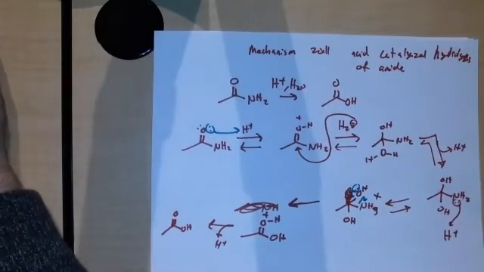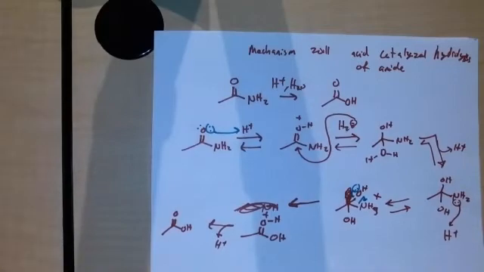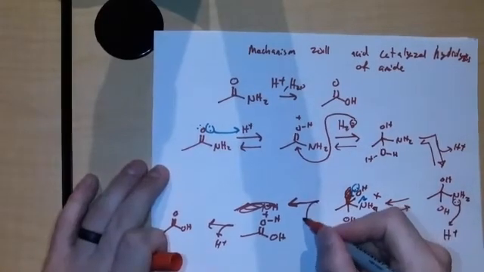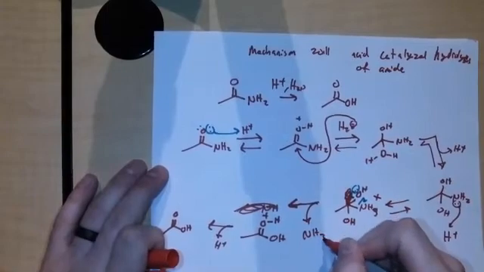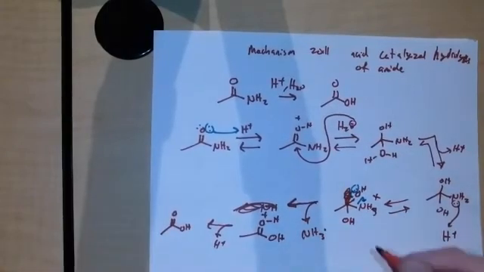Someone asked if you need to mention the H3O plus as a byproduct. You can if you want to, but it's not really necessary for the reaction. No one's doing this just to make NH3.